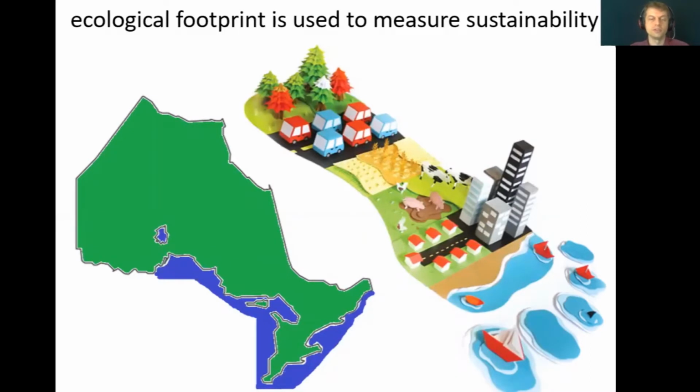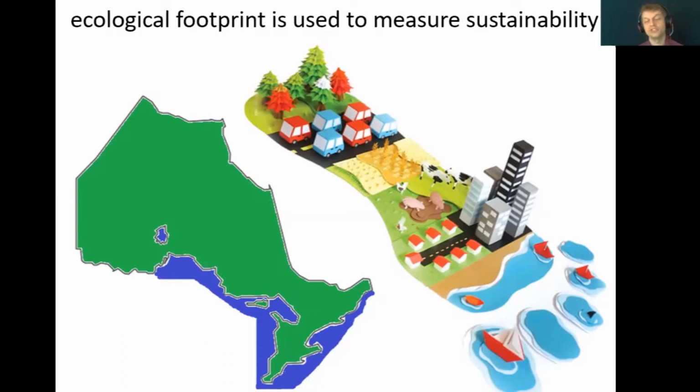The earlier research that I mentioned about Ontario found that the ecological footprint for all of Ontario's residents works out to be about the same amount of the planet's ecosystems as are provided within the boundaries of Ontario's full province. Wow, that's a big area when you think about it.